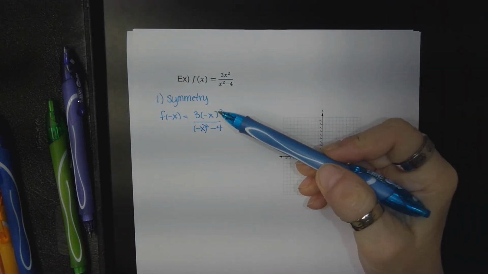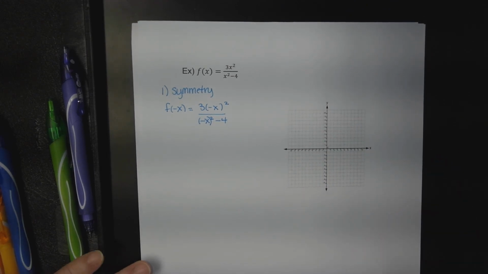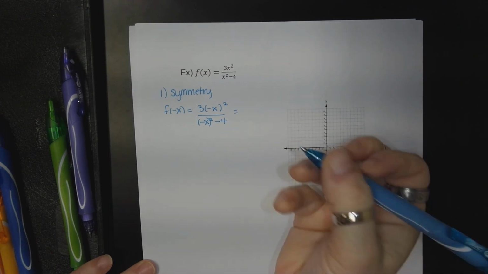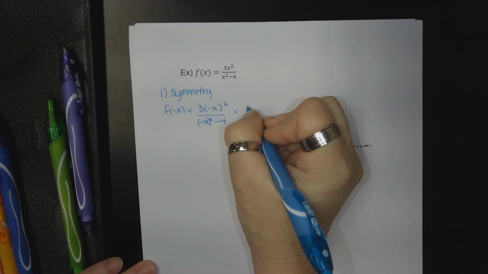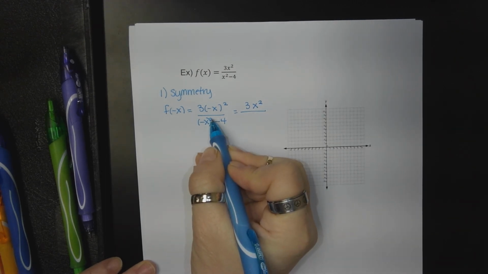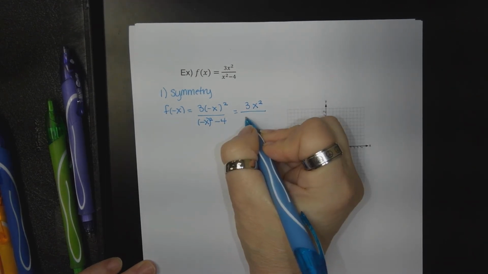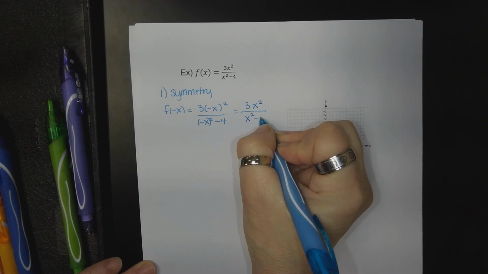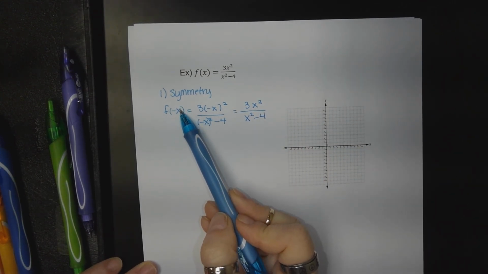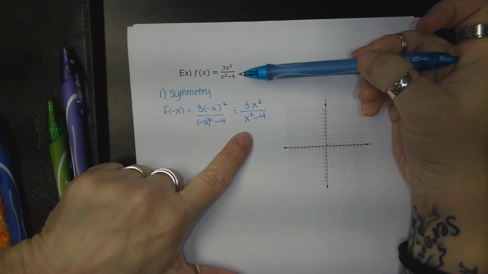Now, since this is an even exponent, that's going to eat your negative, because negative times a negative is always a positive. So this is going to be 3 times x squared. Same thing's going to happen down here because this is an even exponent. So this is going to be x squared minus 4.